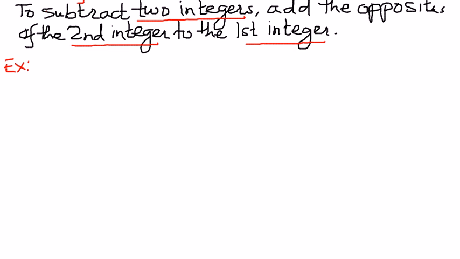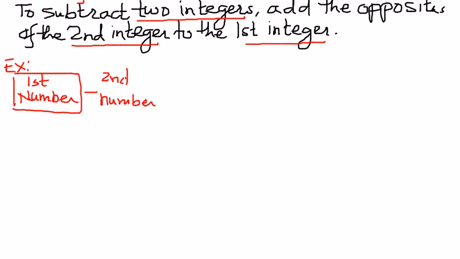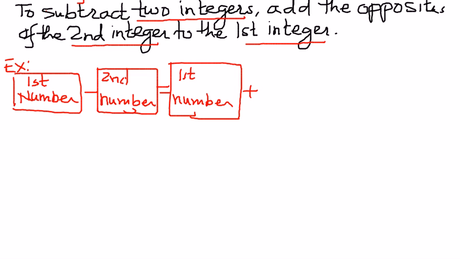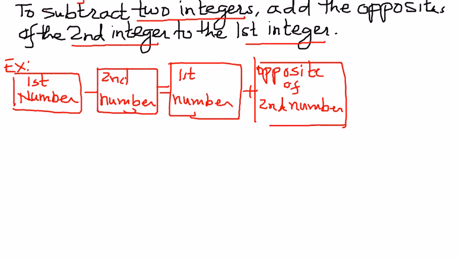This is the first number, with a box around it, minus the second number, with a box around it, is equal to the first number, with a box around it, plus the opposite of the second number, with a box around it.